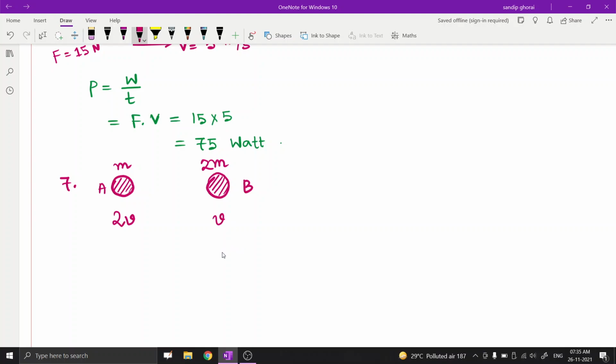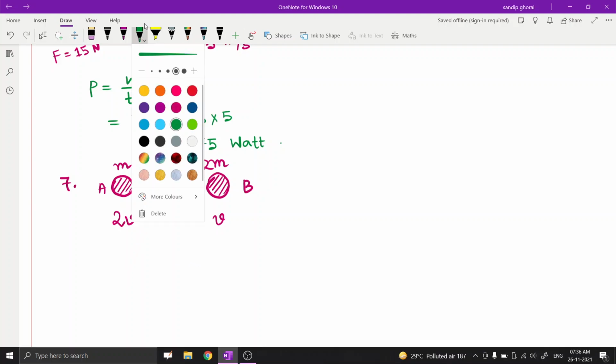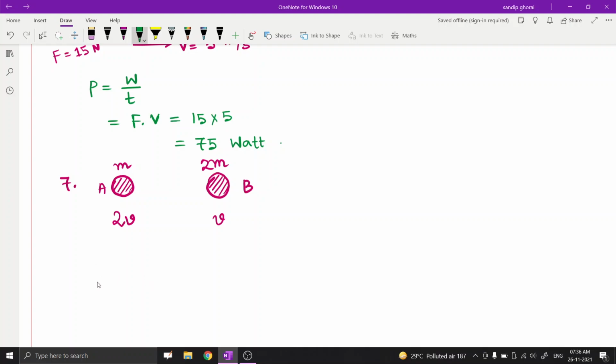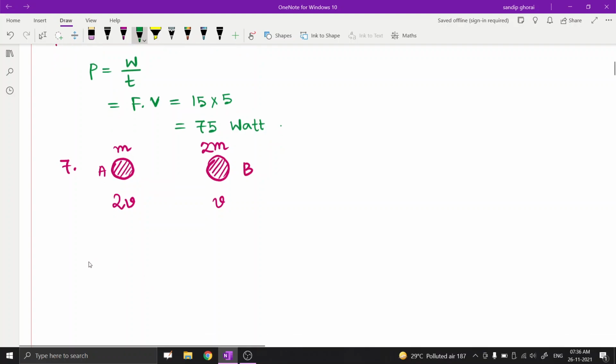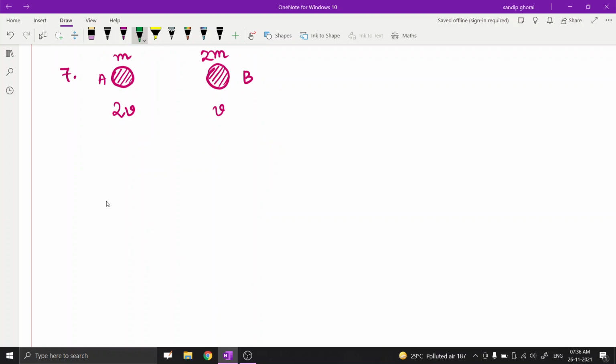Now the question is, what is the ratio of their kinetic energies? That means kinetic energy of A is to kinetic energy of B. To find this answer, we have to use the kinetic energy relation at first for body A. So what is its kinetic energy?